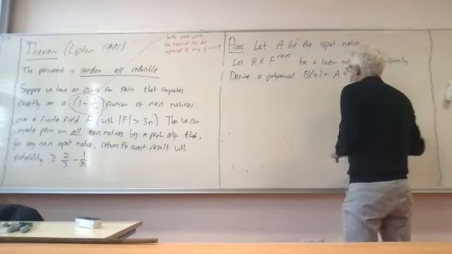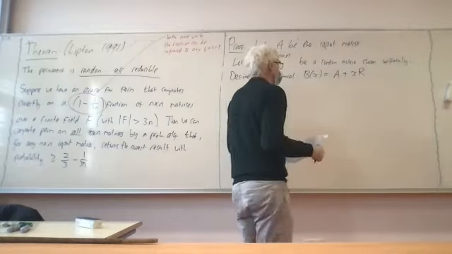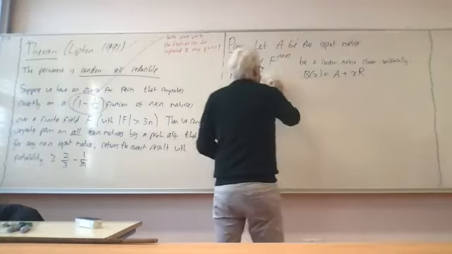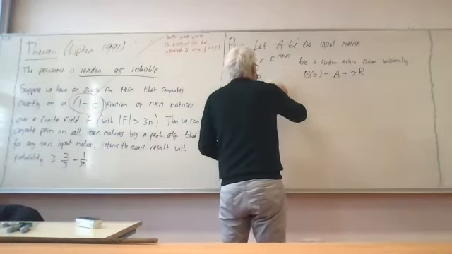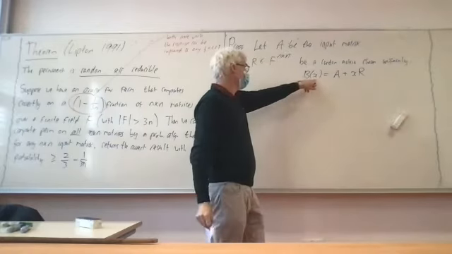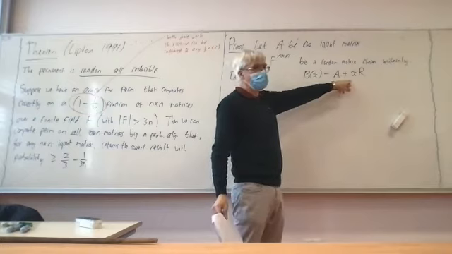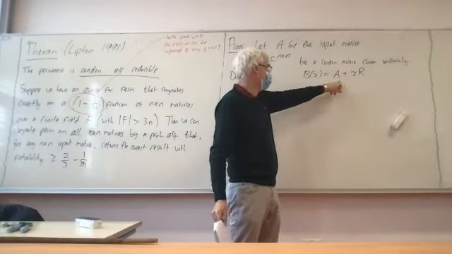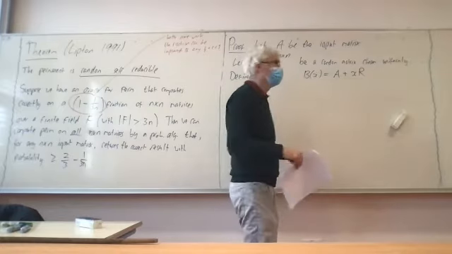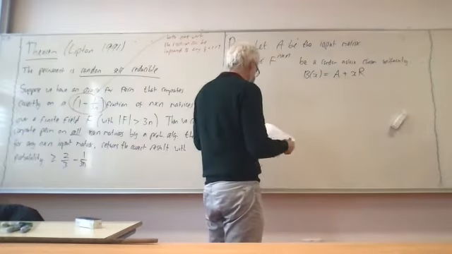So for any value x of the field, it gives us an n by n matrix as a result: A plus x times R. And we observe two things about this.